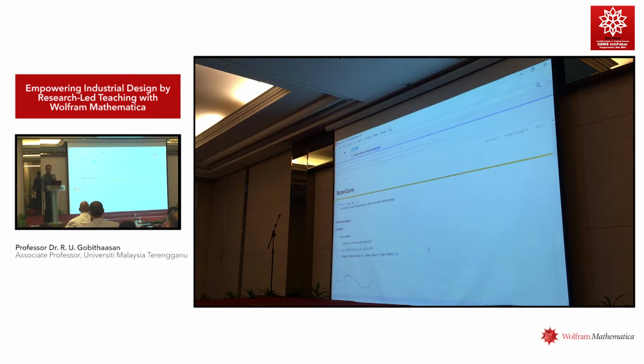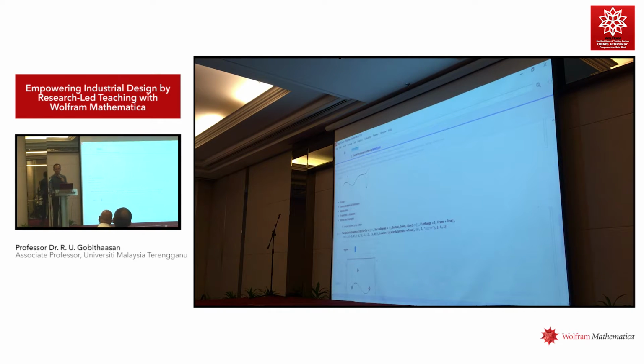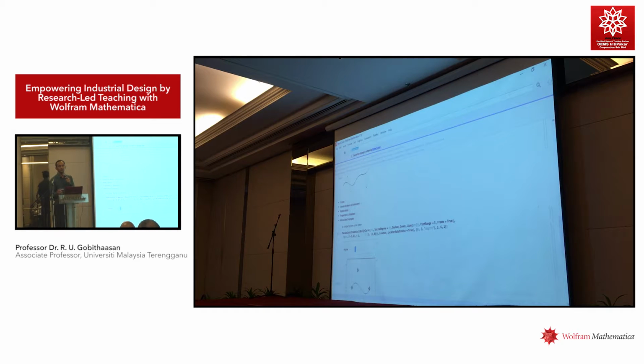Okay, this is just a help file of Mathematica. In order to understand a particular curve, how the polynomial behaves, you have to simulate and see how it behaves, and then, of course, how to evaluate them.